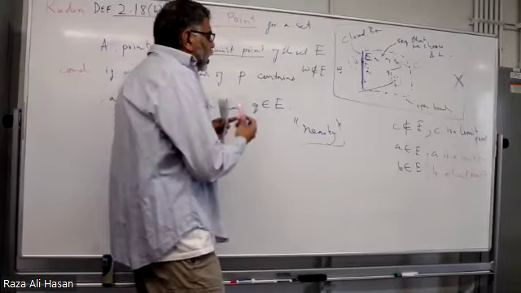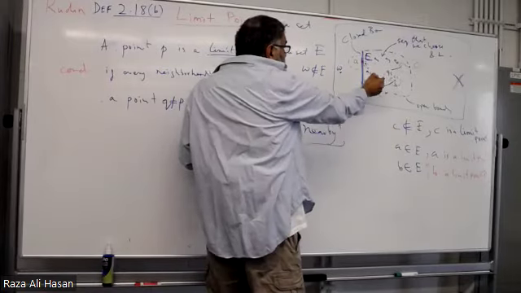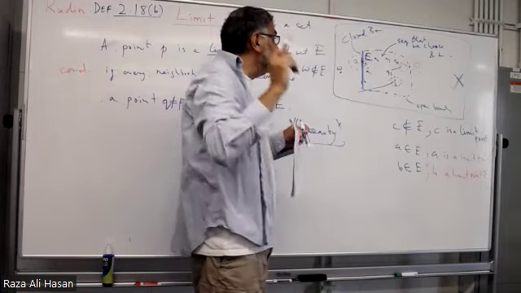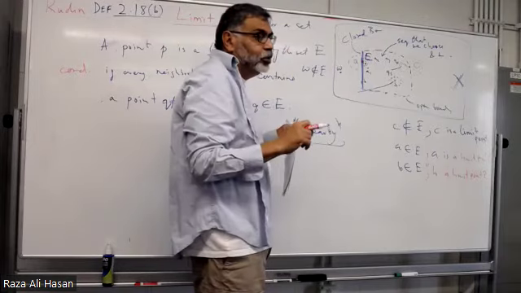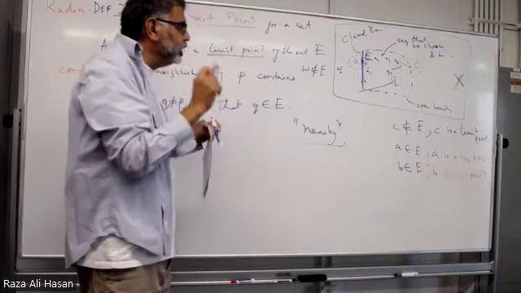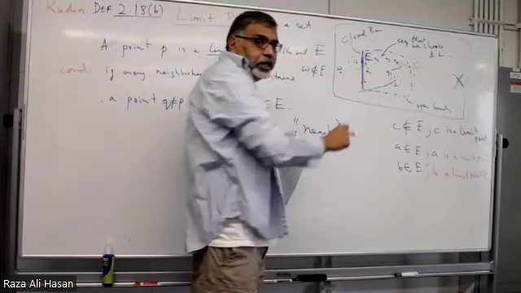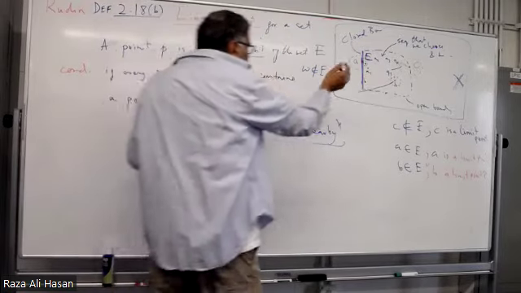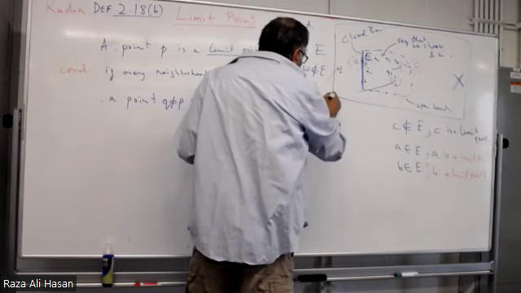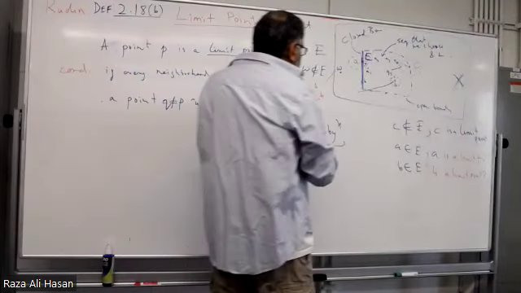No, because if I drew the ball this big it would work, but it is not true for every ball, for every radius, that it's going to have some Q from E. So this is not a limit point. And then I have another point here.